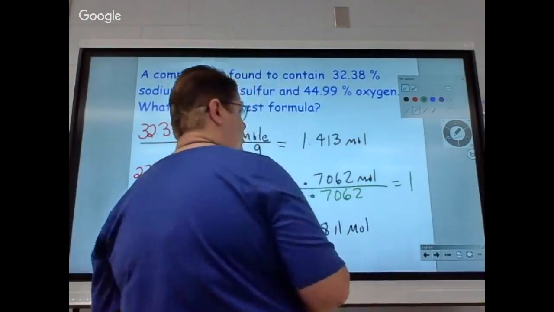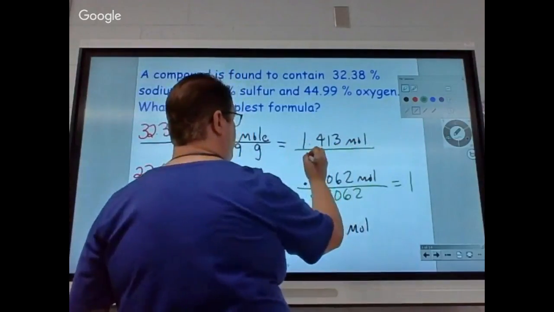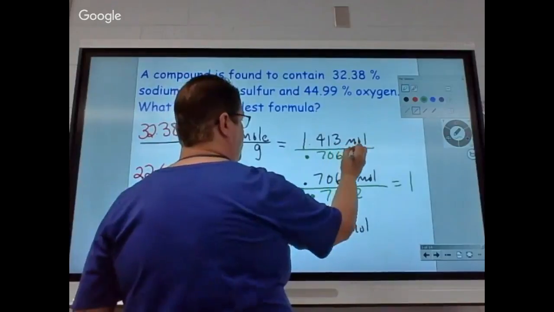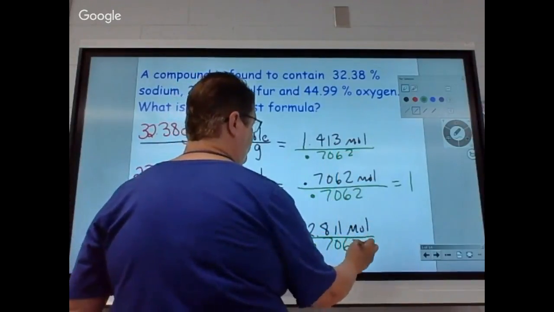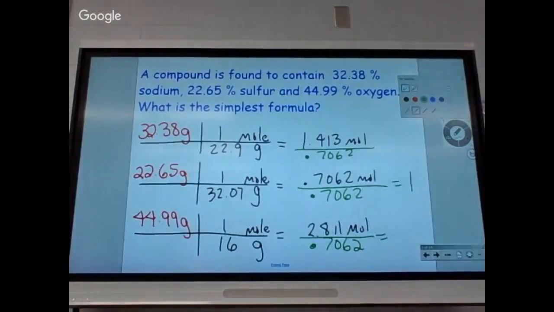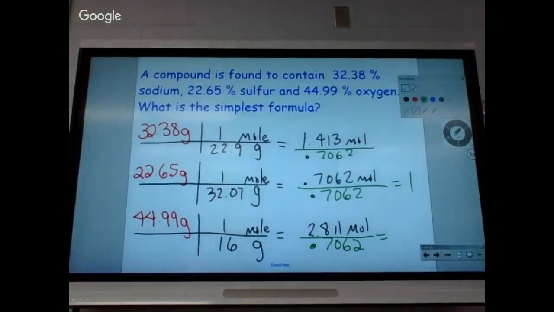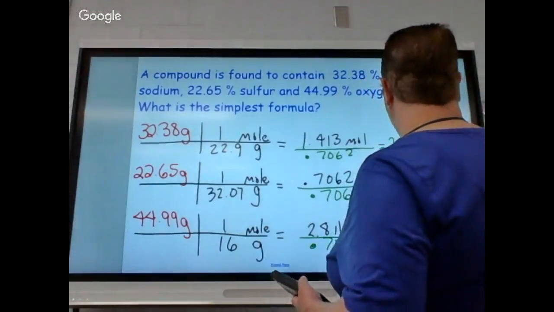If I divide by 0.7062 there, I've got to divide here by 0.7062, and I divide here by 0.7062. Now, when I do that, I take 1.413, divide by 0.7062, and I get 2.000. Normally, I don't get exactly whole numbers.